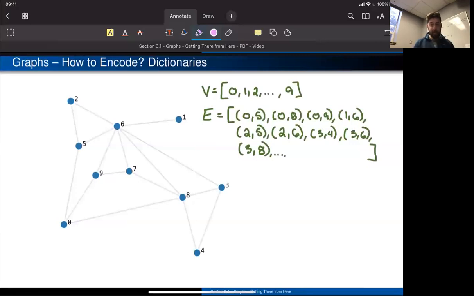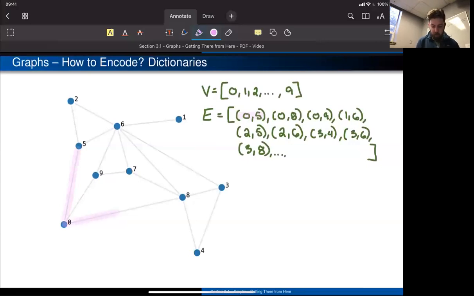Once I have my vertices, I can begin chatting about the edges that connect these things. One possible way to encode those edges is to identify the starting point and the ending point. So we would have some edge between 0 and 5, which would come as this little ordered pair of 0 and 5.